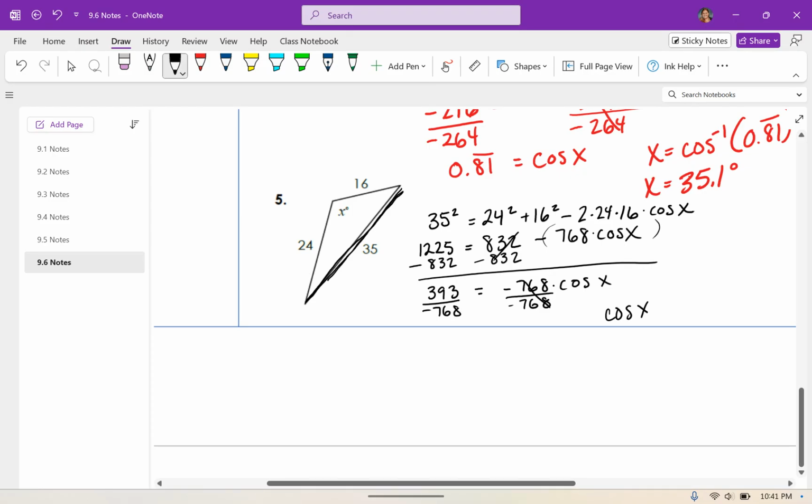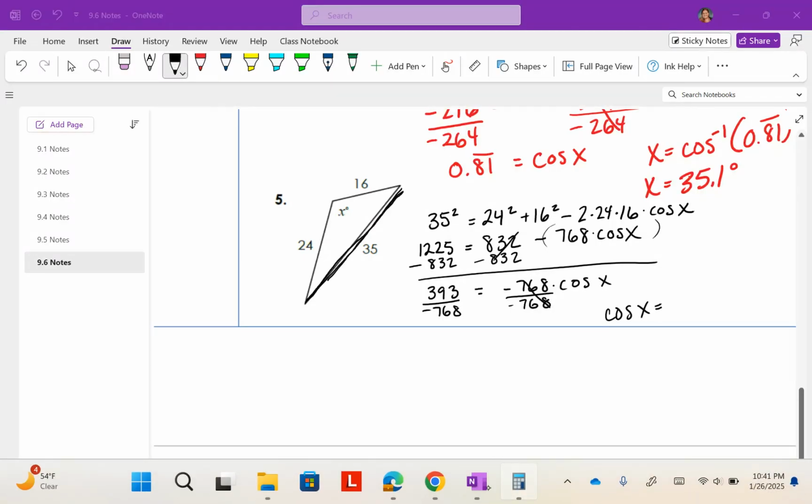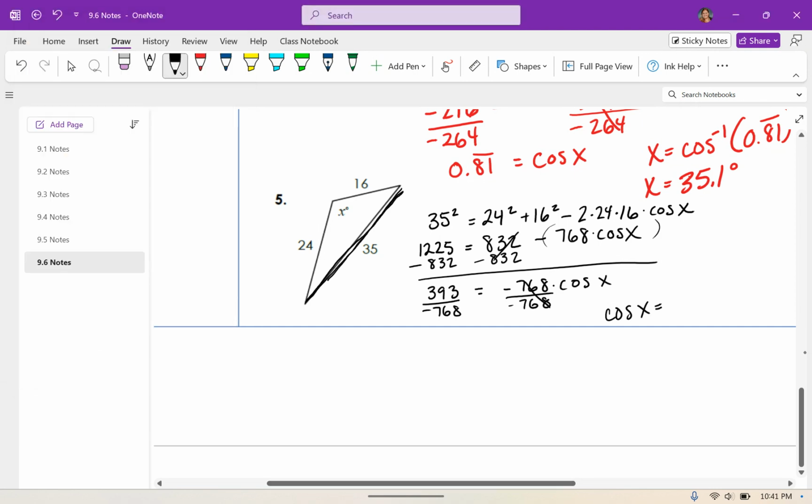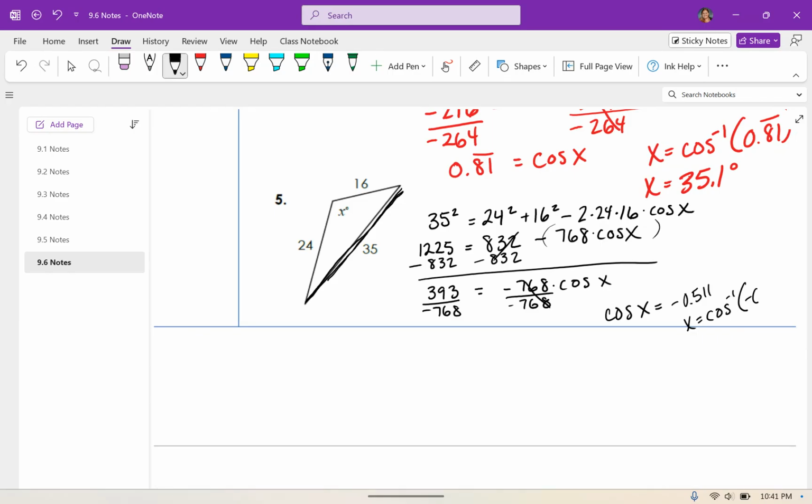So cosine of x equals 393 divided by negative 768, negative 0.511. And x equals the inverse cosine of negative 0.511.